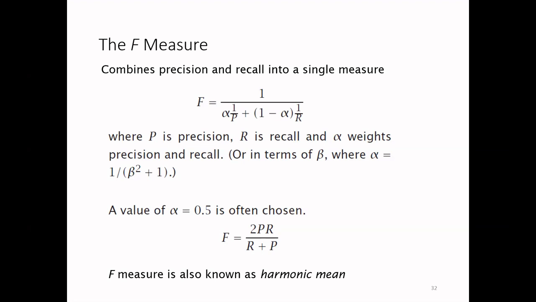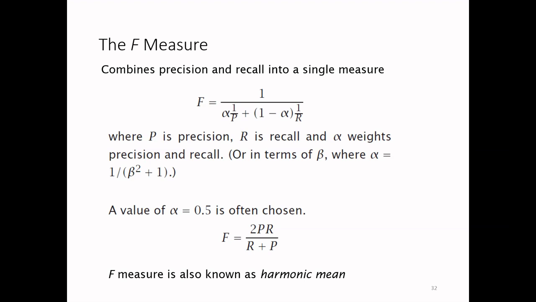Because in some applications, you may want to have more precision. In some applications, you may want to have more recall. So you can weigh the two by using this coefficient alpha. And alpha equal to 0.5 gives equal importance to precision and recall.